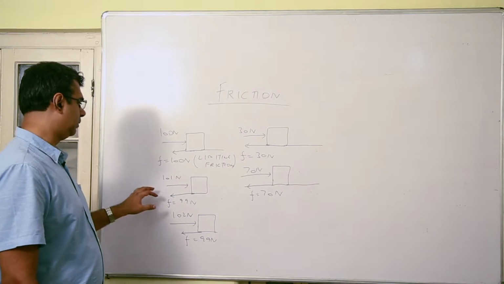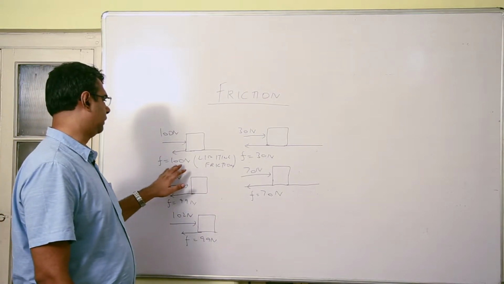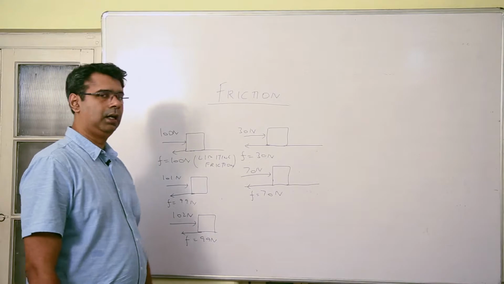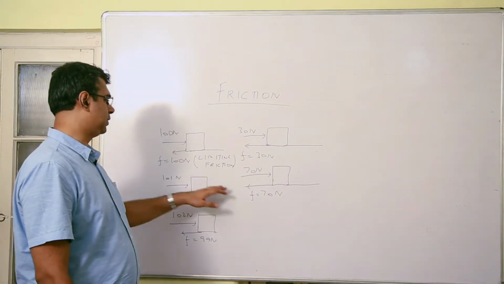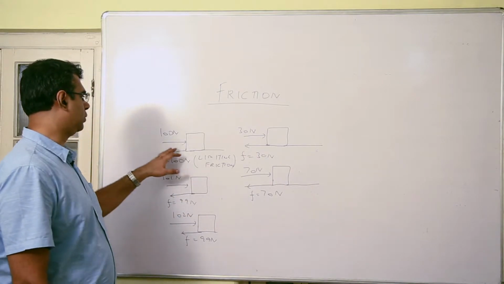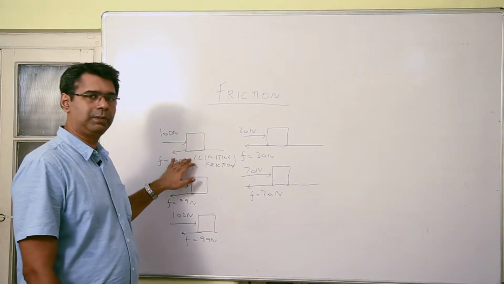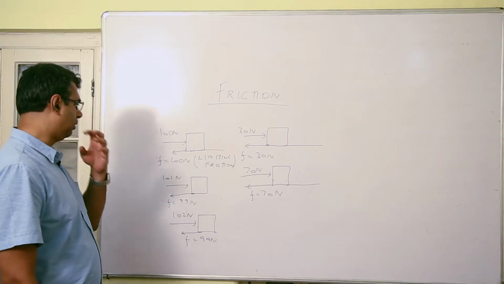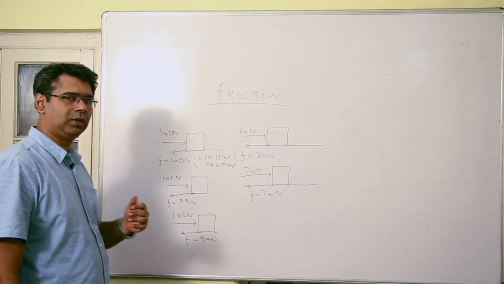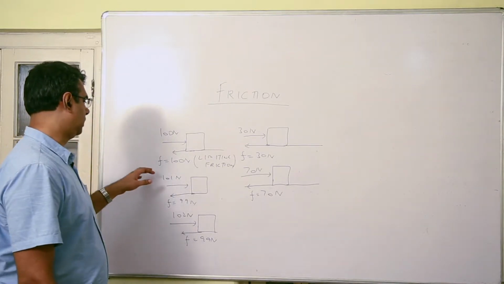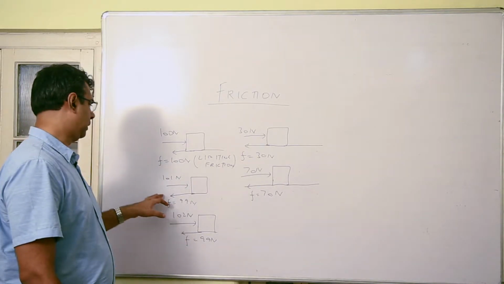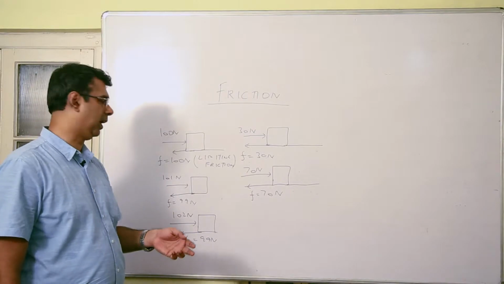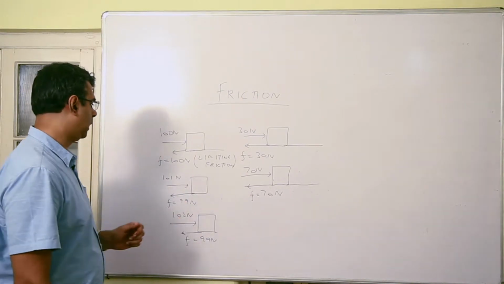And another thing we find, that friction in all cases appears to oppose relative motion. The manner in which friction is acting, it is trying to oppose relative motion between this block and this surface. However, it cannot increase beyond its limiting value, and if the applied force crosses the limiting friction value, then friction will relent and motion will start.